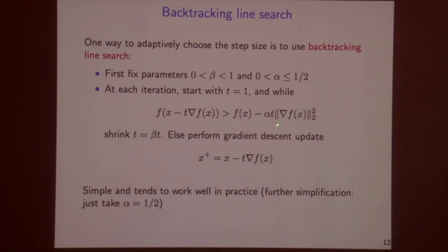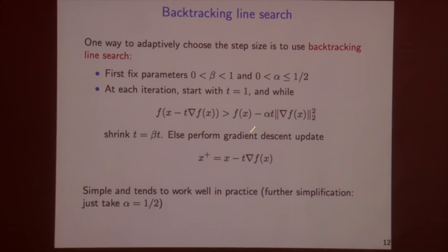If not, I'm just going to shrink the step size. Probably I'm taking too large a step size. I'm going to shrink it by beta, and I'll check again. So when the time comes where my new objective value is smaller than the previous objective value minus this quantity, then I'm actually performing the step.